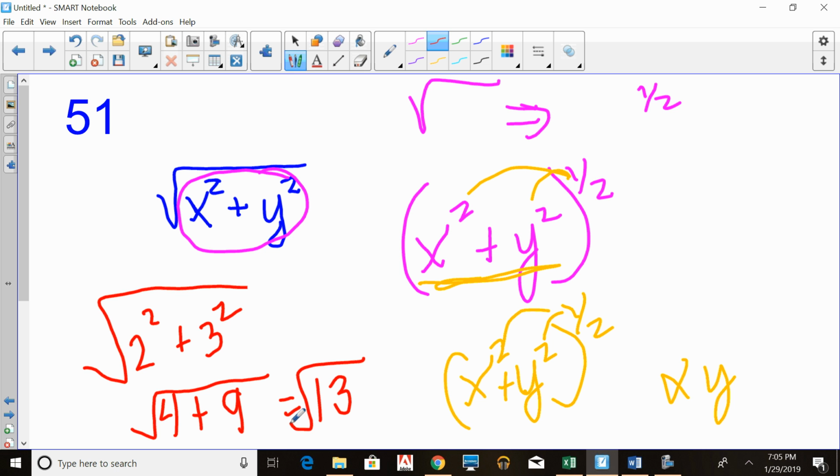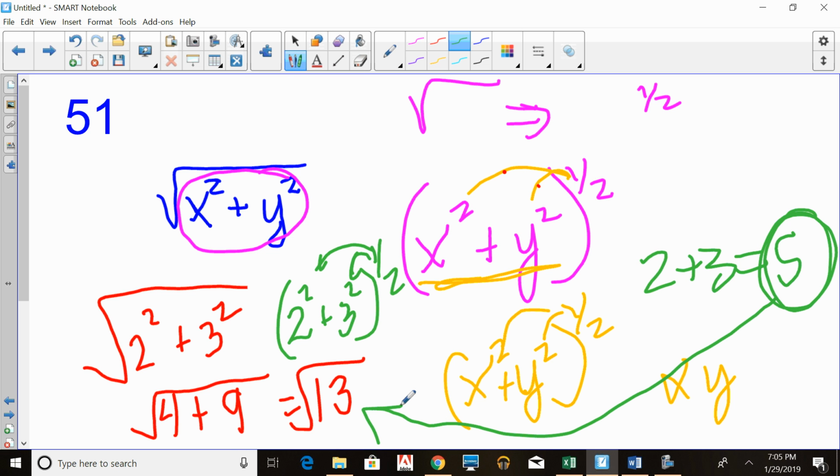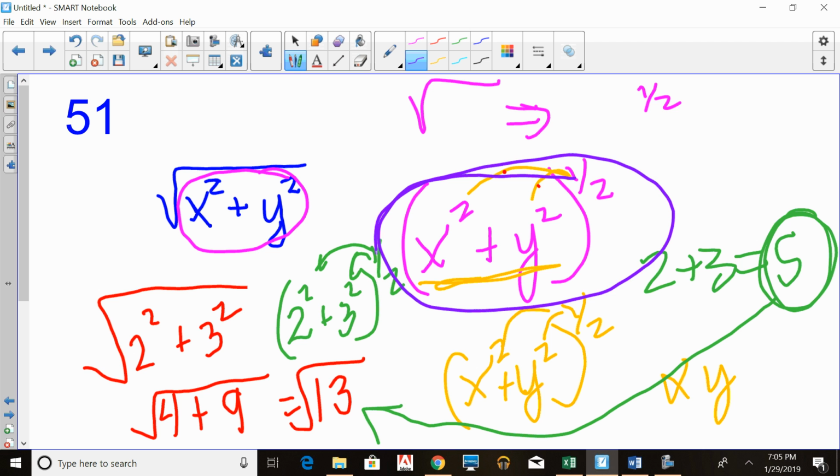Well, if you write this with a 1/2 power, it would be 2 squared plus 3 squared to the 1/2, and then if you distribute that to both of those, you would get 2 plus 3, which is 5. And 5 is not the same as the square root of 13, because the square root of 13 is roughly 3 point something. So then this right here is what your final answer should be.